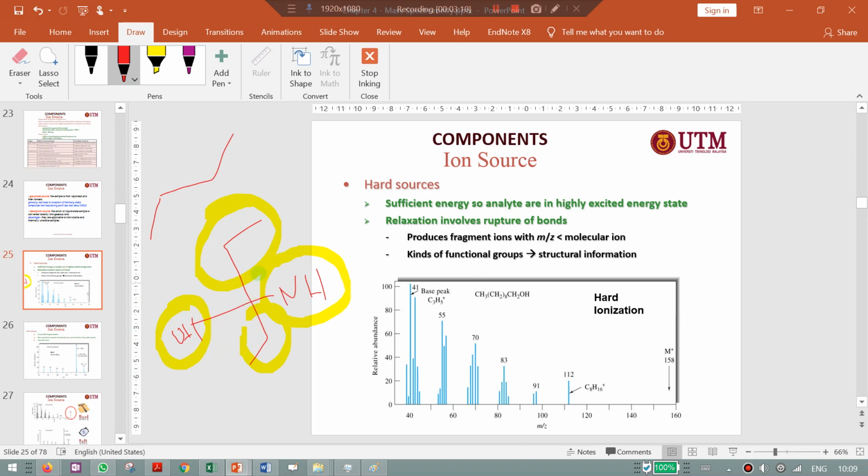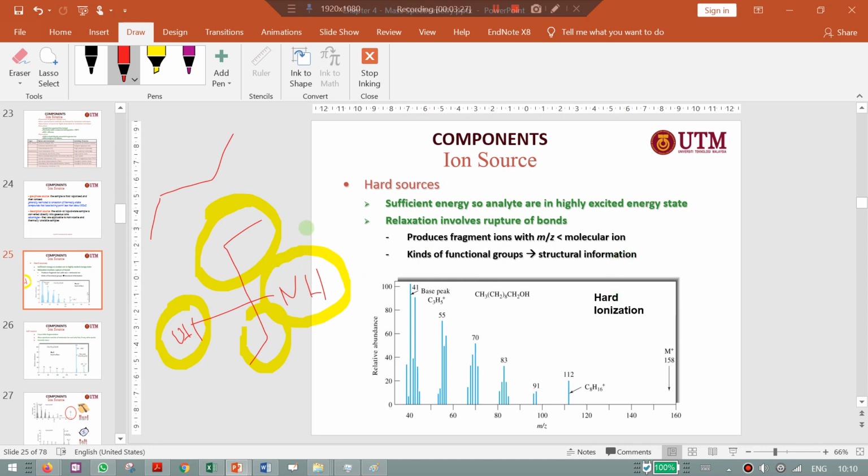But the best thing is that the fragmented ions show the information of the functional group that gives structural information of the whole molecule.